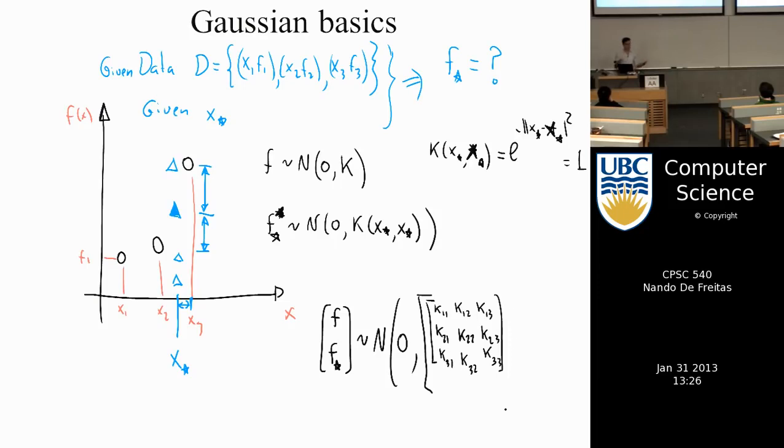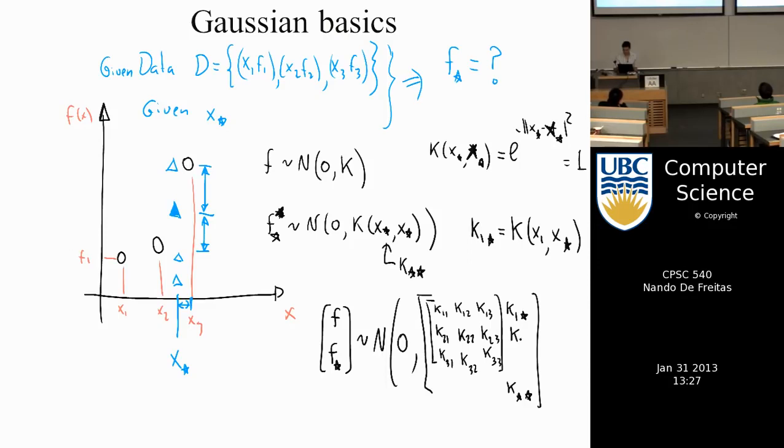And now I'm in 4 dimensions, so I also need to look at the correlation of 1 with star. And I have here k star star, which is just what I'm calling it so that I can fit. And I'm also using the notation that k1 star is just equal to the similarity between x1 and x star.